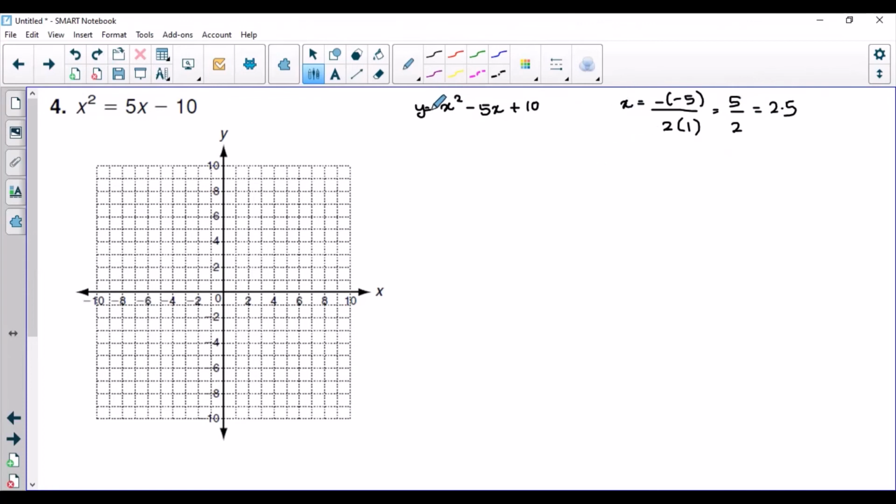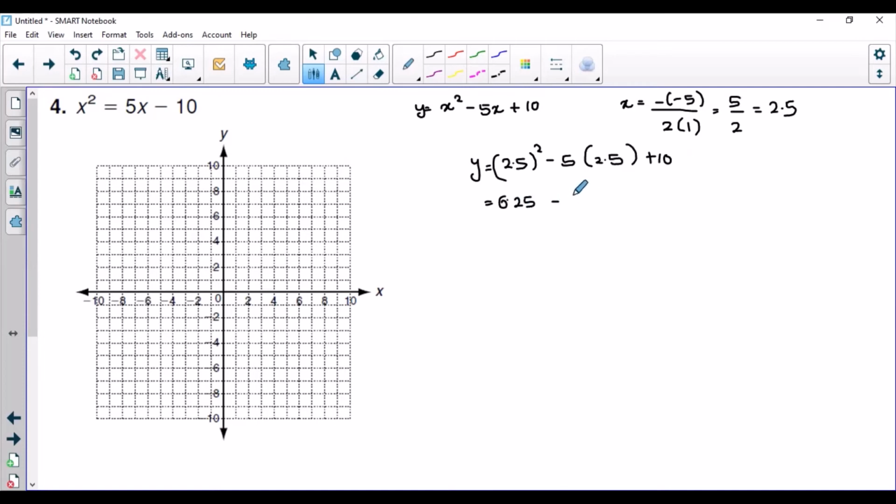Using this value of x, let's find out what's the value of y. Y is going to be equal to 2.5 squared minus 5 multiplied by 2.5 plus 10. 2.5 squared would give you 6.25.